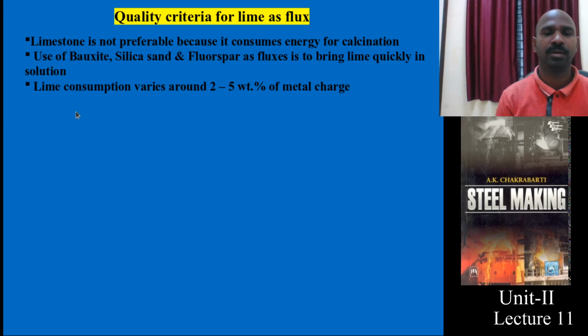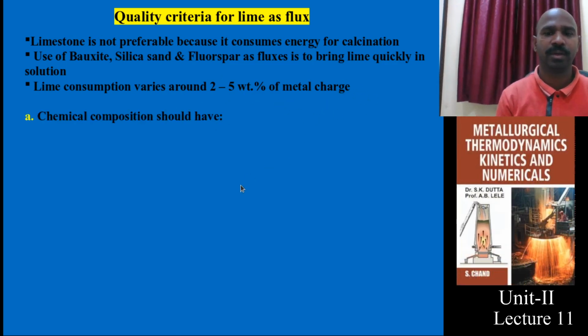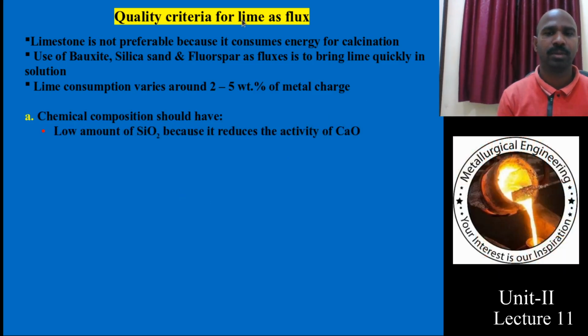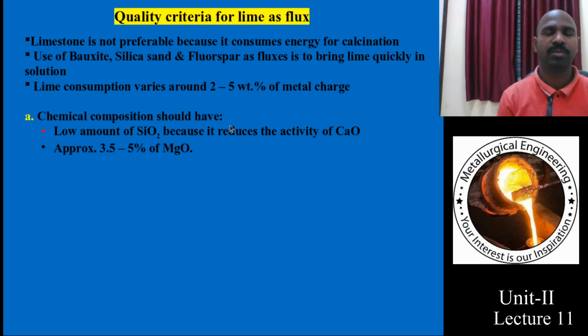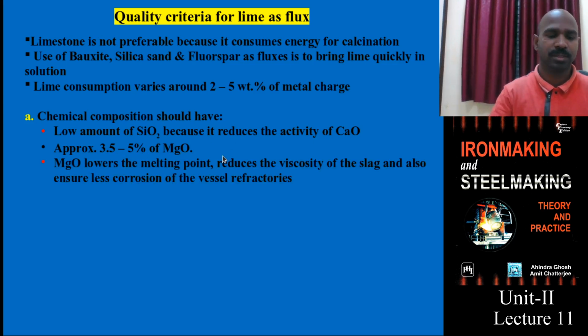Another point is that lime consumption in steel making may vary from 2 to 5% of the total charging raw material. The chemical composition is as follows. For the steel making process it should have low silica, so that it reduces the CaO, or a combination with MgO at 3.5 to 5%.